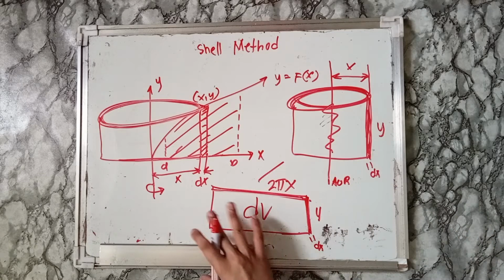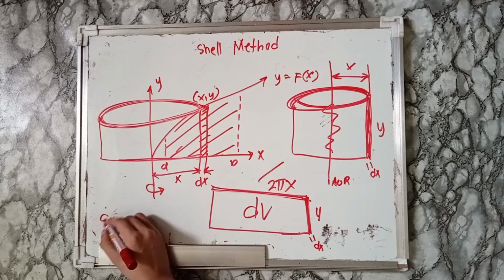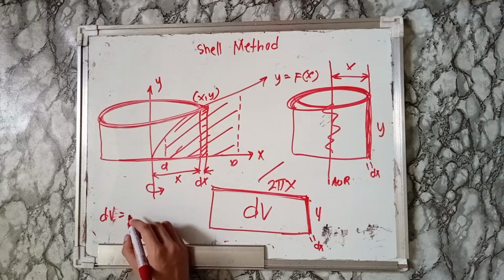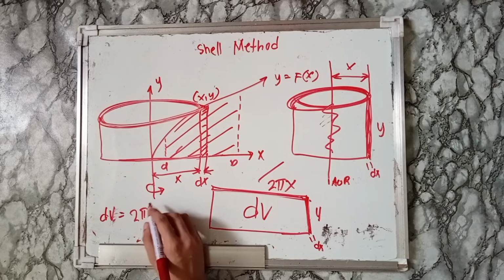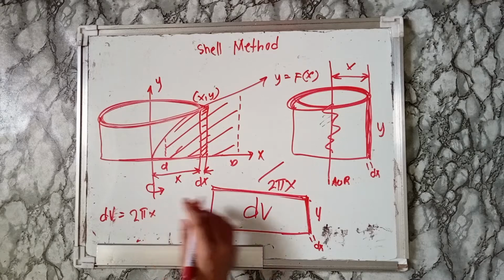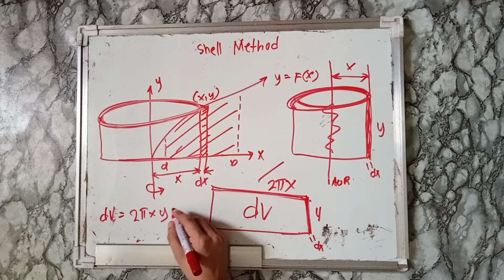So now we can formulate our equation. So dv is just 2 pi x, multiplied by y, multiplied by dx.